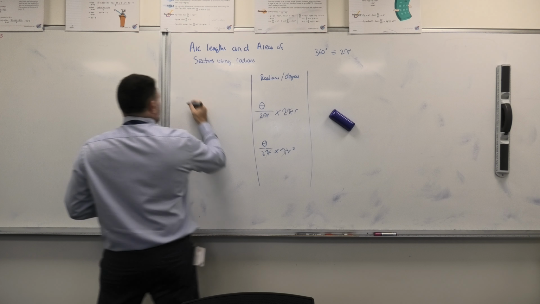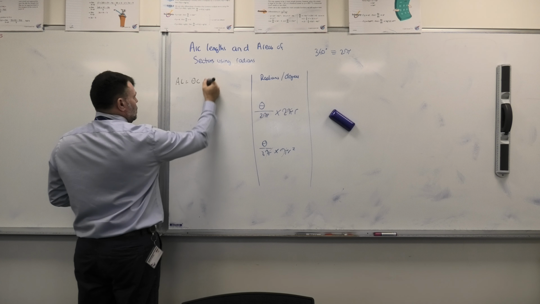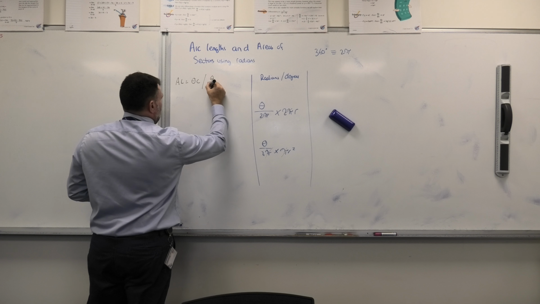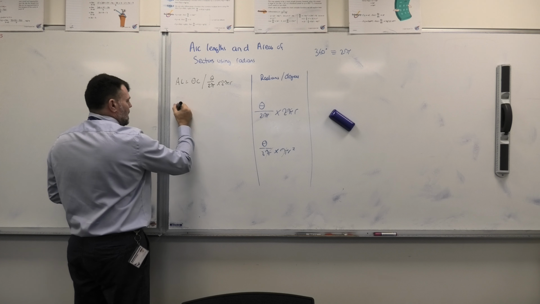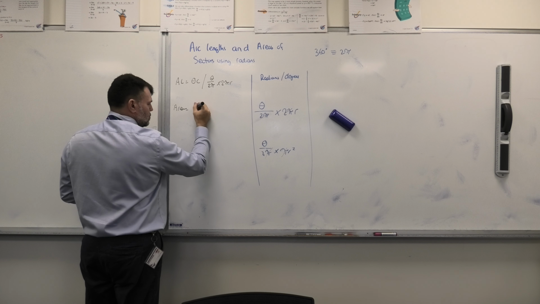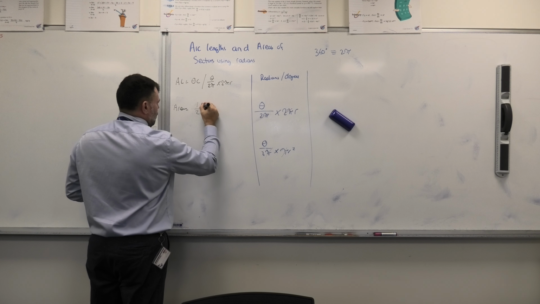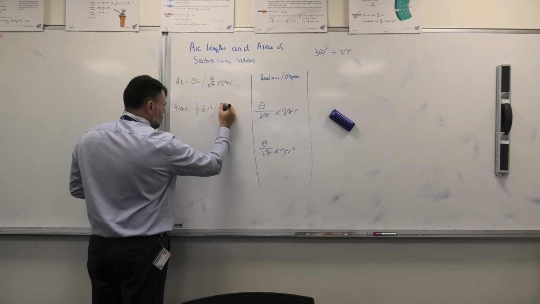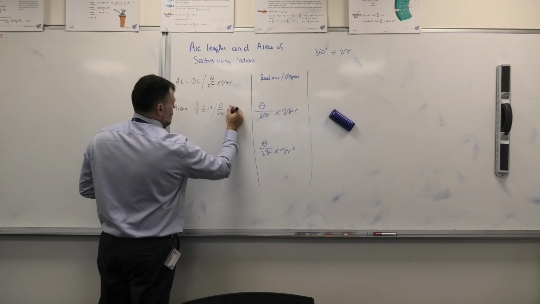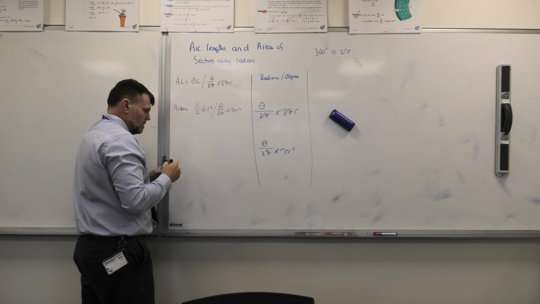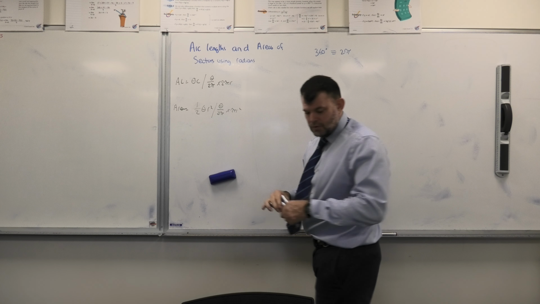So we'll have arc length is equal to theta over 2 pi times 2 pi r, and then area is equal to, well, we'll do it this way, theta over 2 pi times pi r squared. So we've got that information there. Let's leave that there so we can do a couple of examples.